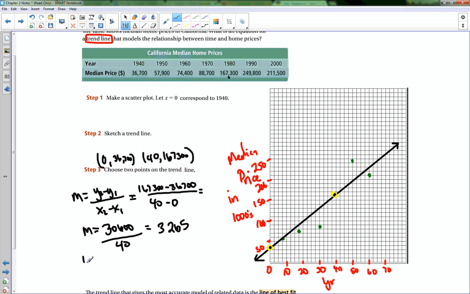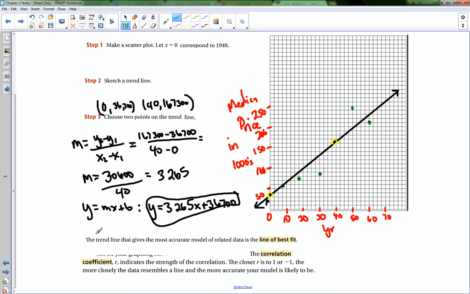So if we use our slope-intercept equation, because my intercept is right here, this would be y equals 3,265x plus, and my intercept is at 36,700. So you find the equation, you find the slope, and then find the intercept and write your equation.